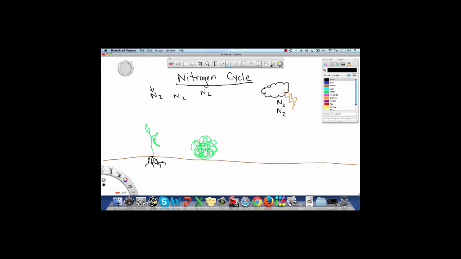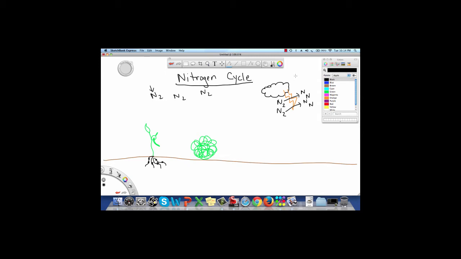Every time a lightning bolt strikes through the air, it bumps into thousands of nitrogen gas molecules and splits them apart into single nitrogen atoms. So here's our picture. We've got our nitrogen molecules, and the lightning comes through and it breaks apart our nitrogen gas molecules into single nitrogen atoms. Okay, so this is one way to go through fixation.